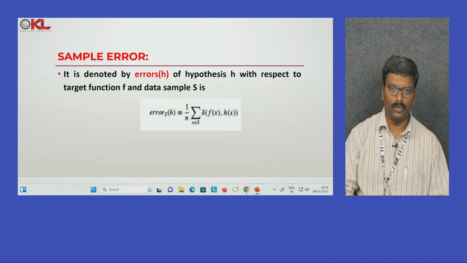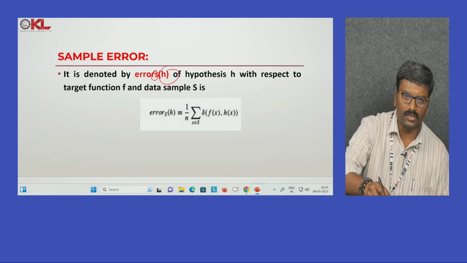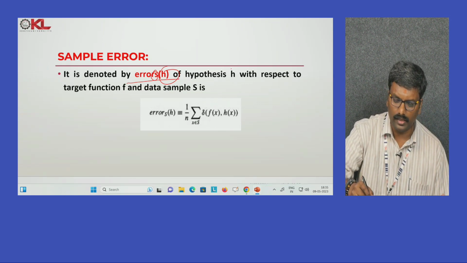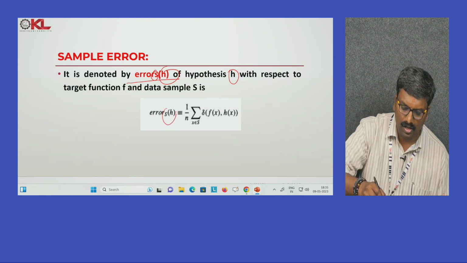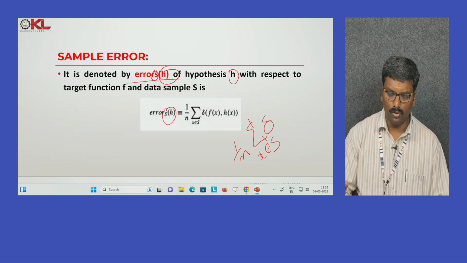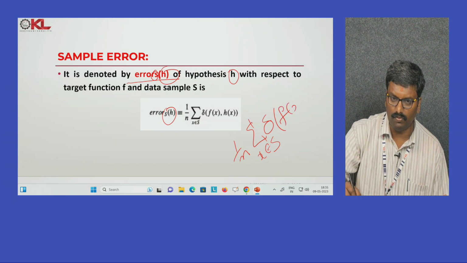information about the sample error. It is denoted by the error of sample S of the hypothesis H with respect to target function f and data sample S. The error of the sample of H is equal to 1 by n, summation over all the samples in S, where delta and epsilon are the notations or parameters of the hypothesis, of the target function f(x) and hypothesis function h(x).